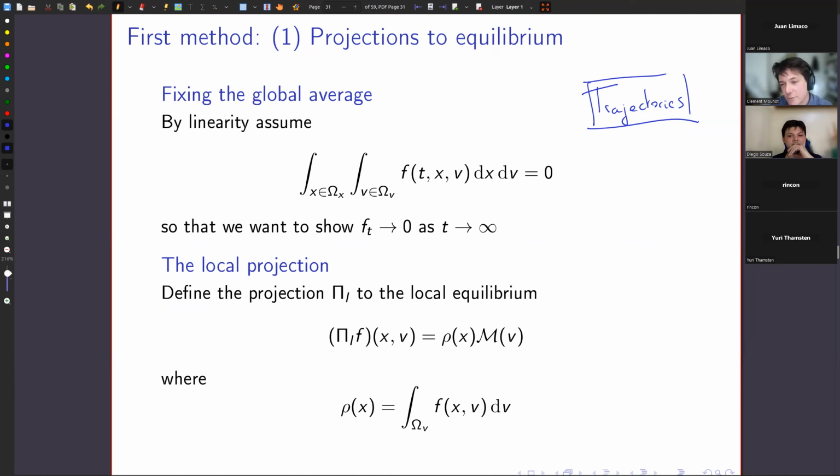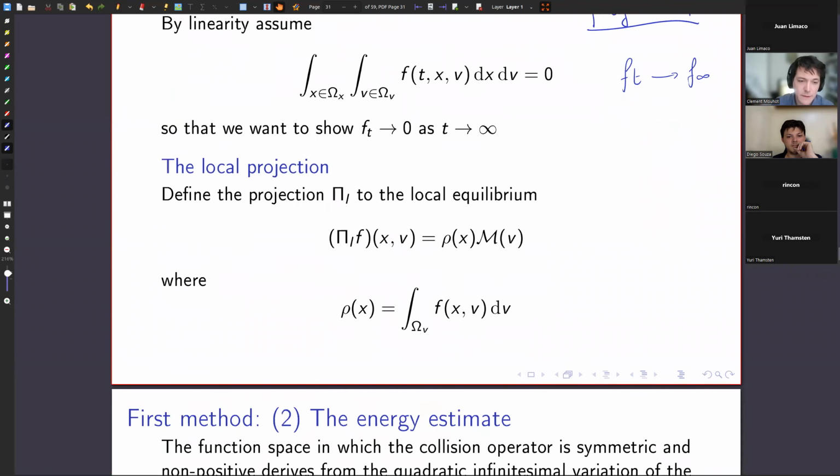We want to prove that F_t goes to F infinity. First remark is that my equation preserves the global mass. Let me just convince you about that. It's a trivial remark. It should be so physically, because it's a statistical distribution, so the total number should be preserved.